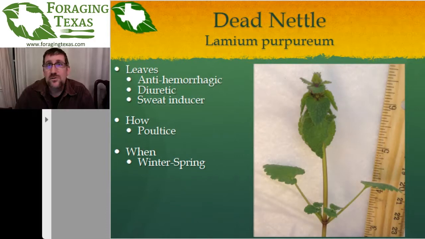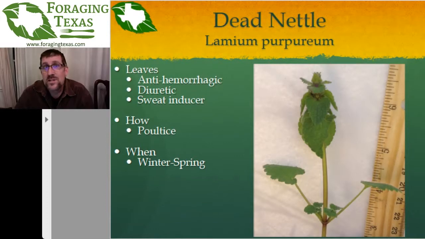So where do you find this? When do you find this? Where you find it is in open fields and yards and basically areas that are visited a lot by humans, but not completely overrun by humans. So yards that only get mowed a few times during the winter is a good indication.